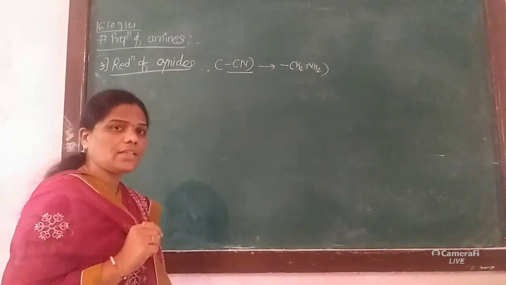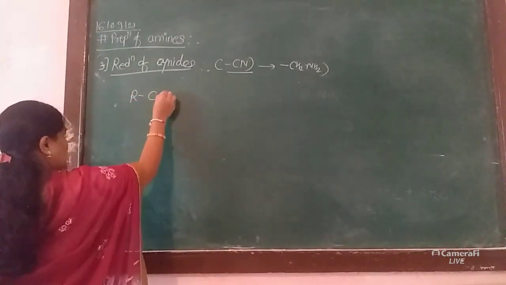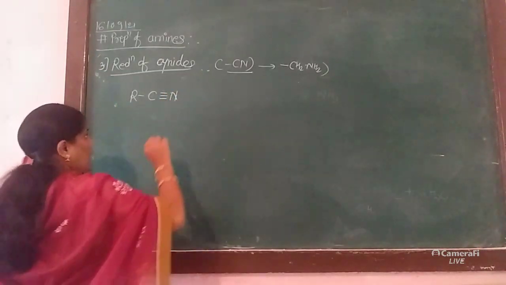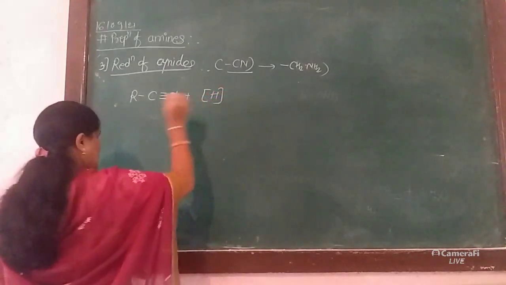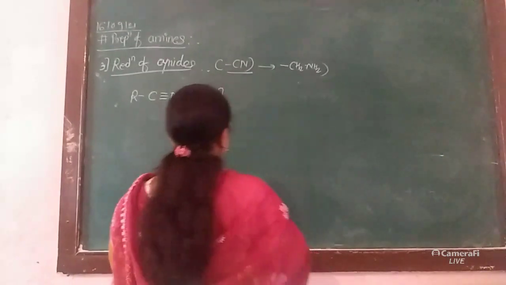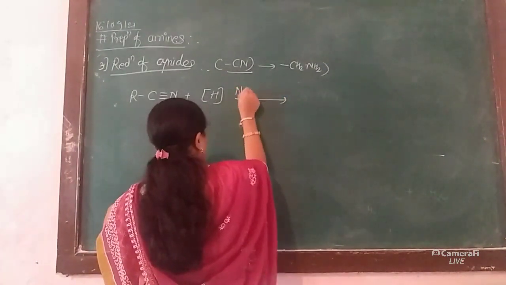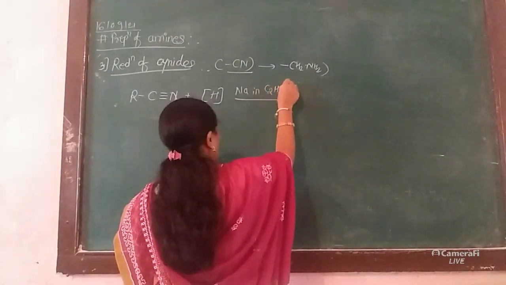So this reduction takes place. See, very simple. R-C triple bond N, that is alkyl cyanide, undergoes reduction. Again here there is a formation of nascent hydrogen, which is formed by either sodium in ethanol, C2H5OH.